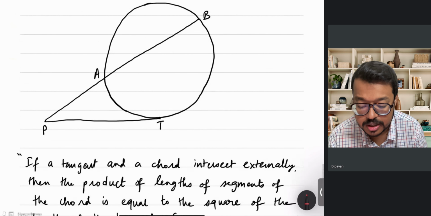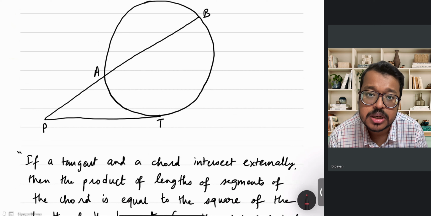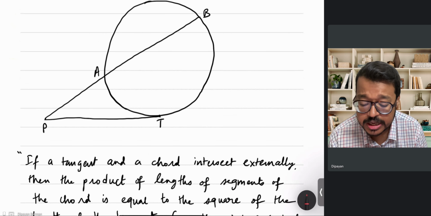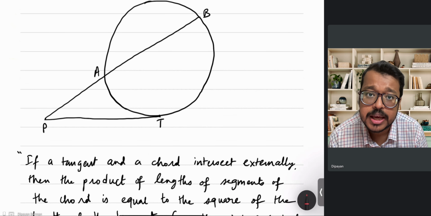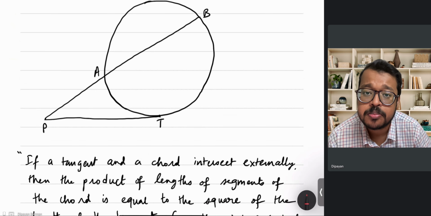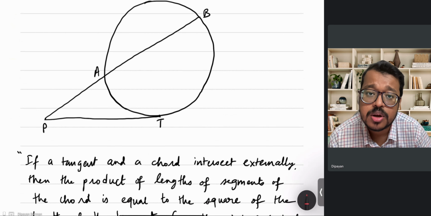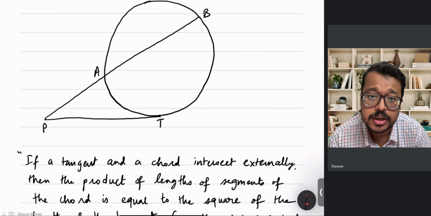Then suppose I had a chord and a tangent intersecting externally. Here I have chord AB and tangent PT. If I extend AB outside the circle, it will meet the tangent at point P. Then according to this result, the product of lengths of the segments of chord AB will be equal to the square of the length of the tangent.